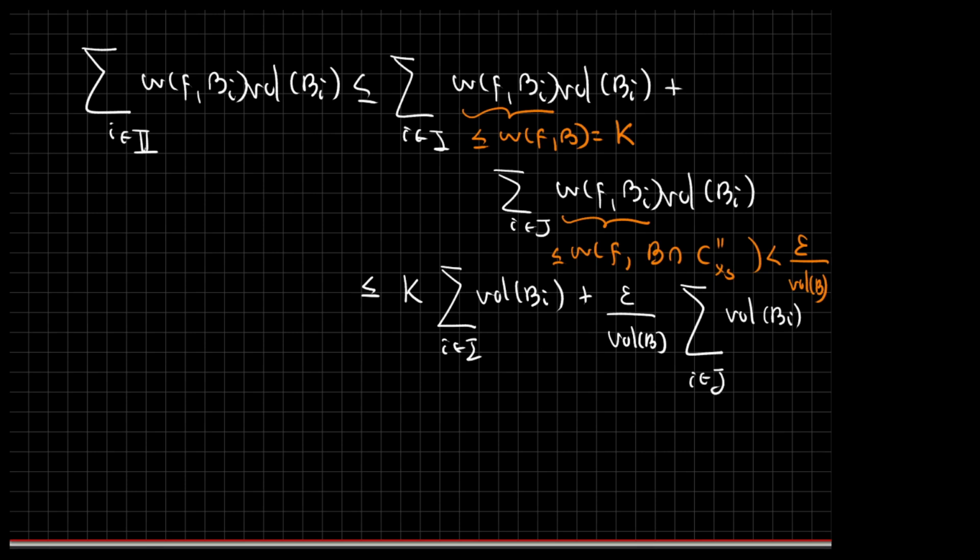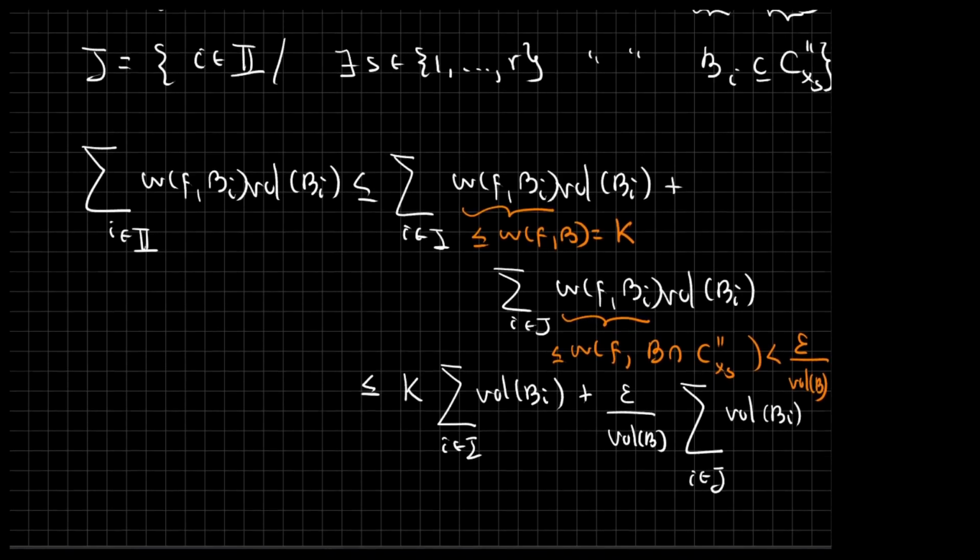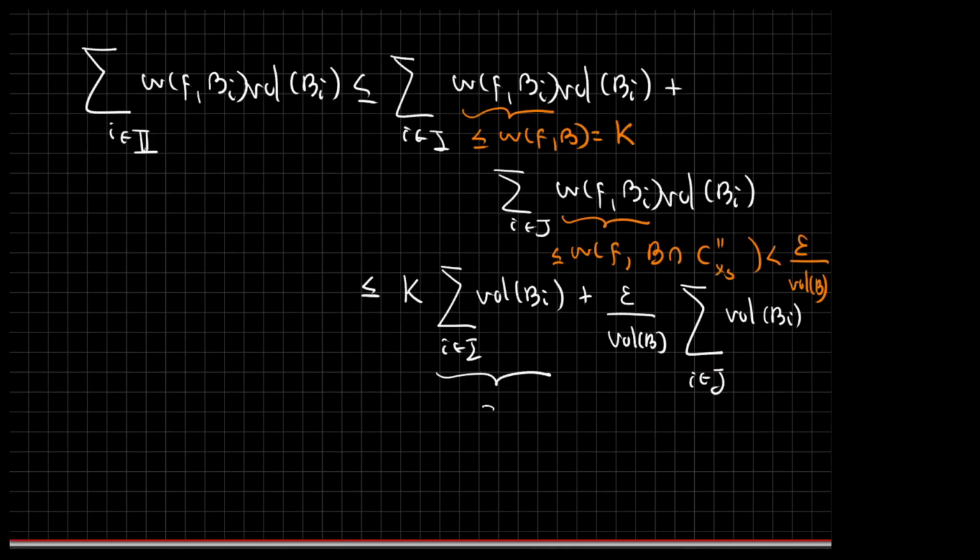Now recall that here it is less than epsilon divided by 2k, because each of these volumes is less than the volume of C of J, and the sum of these volumes is less than this.